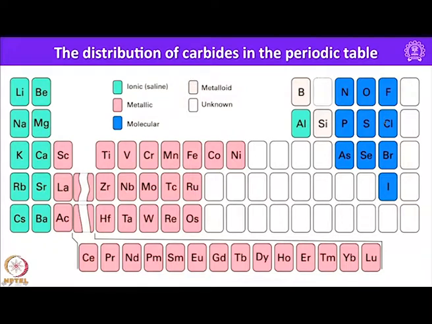They form covalent carbon to element bonds, and metallic ones are essentially formed by transition metals. You can see here in this color, and metalloids are essentially formed by boron and silicon. So, this is how you can classify the carbides of the elements in the periodic table by looking into the nature and the properties, chemical as well as physical properties.